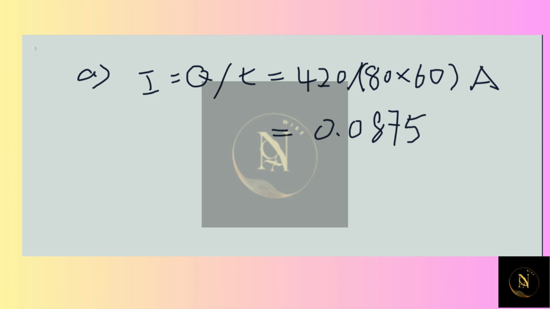Next, we are considering the B section. It is asking you about the velocity of the electrons. What we know here is the velocity of the electrons has this formula. Here it is the current density.